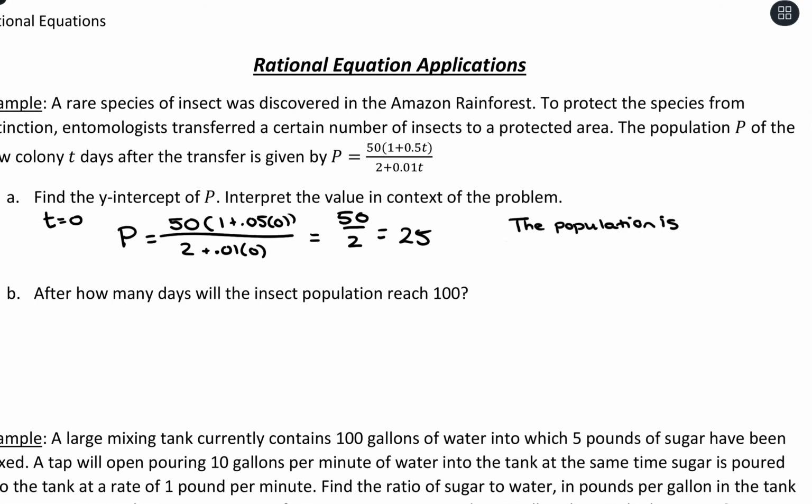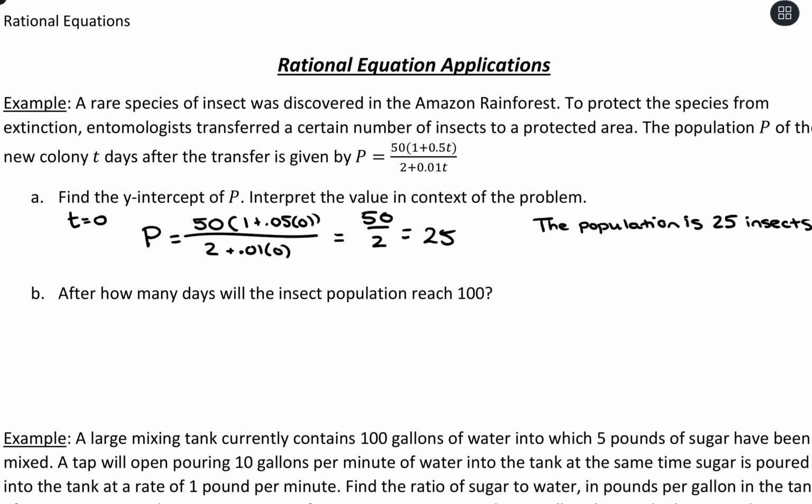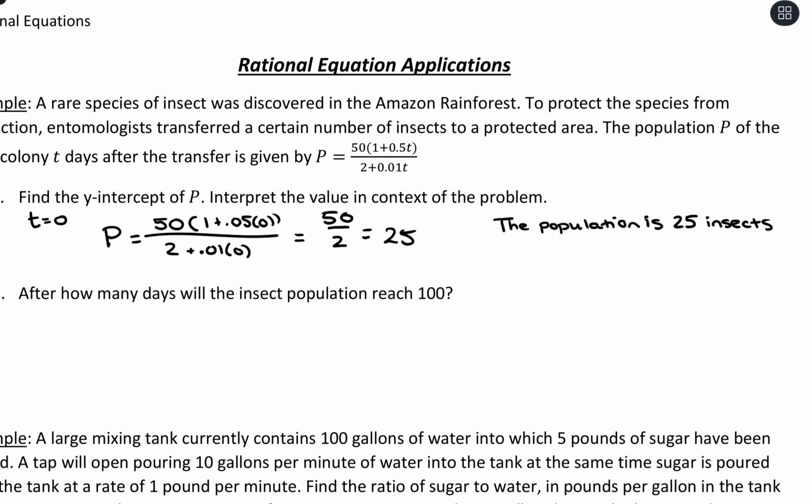I was looking for units to add on if it was like 25,000, but it is 25 insects. And this is at the beginning of this new colony. So the population is 25 insects at the beginning of the transfer. So you transferred 25 insects in.